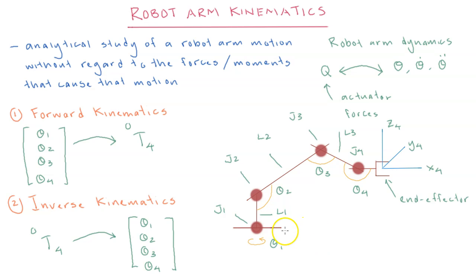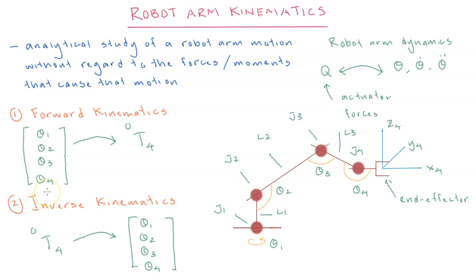So for example, if theta 1, the minimum value that can be produced by joint 1 is, let's say, minus 150 degrees, and the maximum angle of joint 1 is 150 degrees. And so given the minimum and maximum values of all these joint angles, then you'll know what is the maximum area or position that this end effector can reach. So that is one of the applications of forward kinematics.